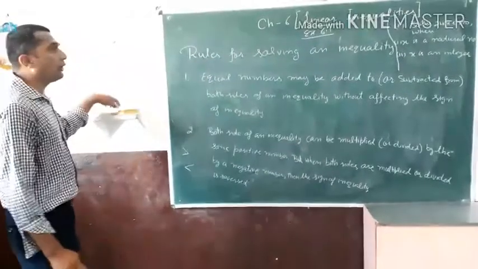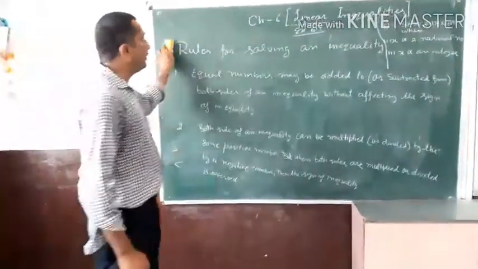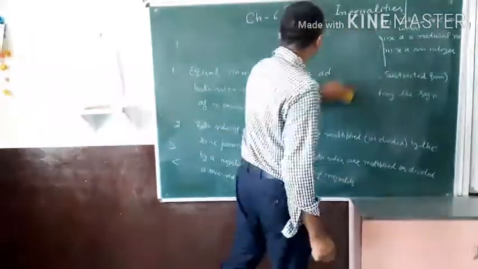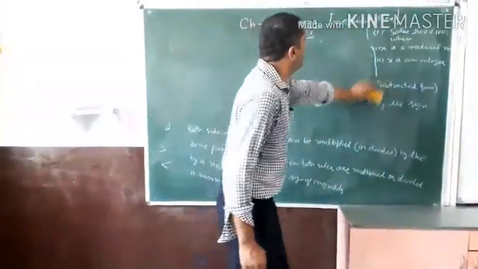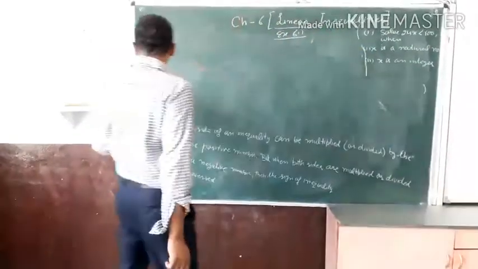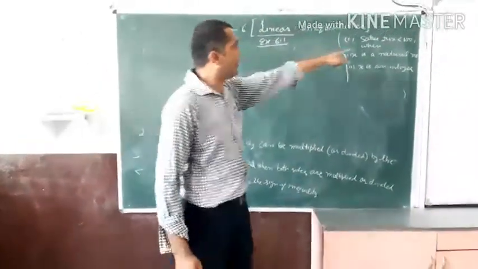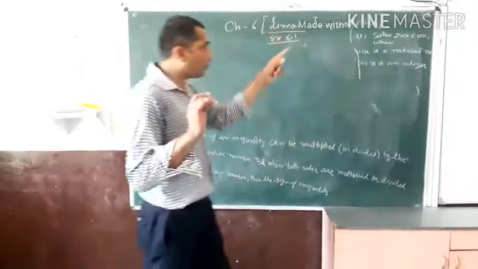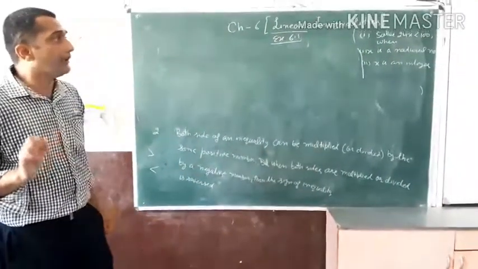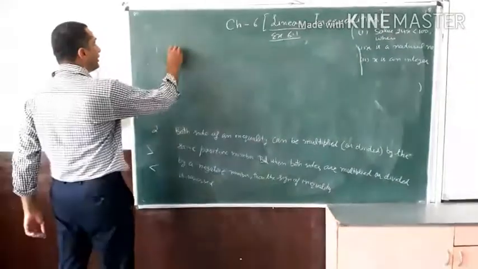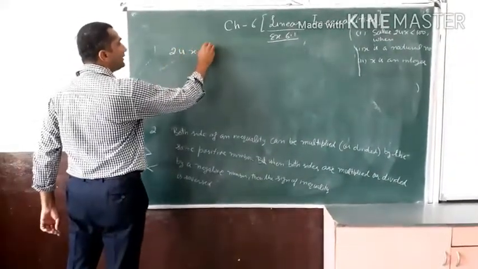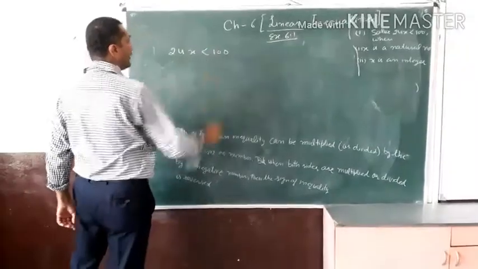So now I am going to take question number 1 of exercise 6.1. Question number 1 is: solve 24x less than 100. We have to solve this inequality when x is a natural number. So start: 24x less than 100.